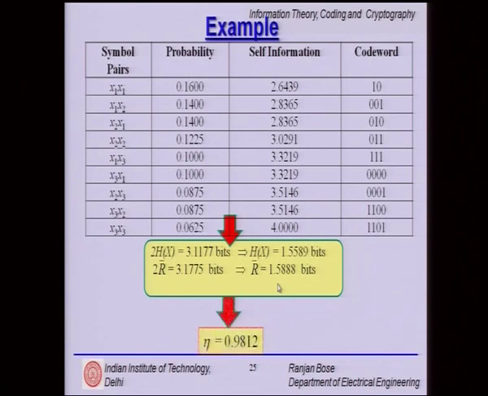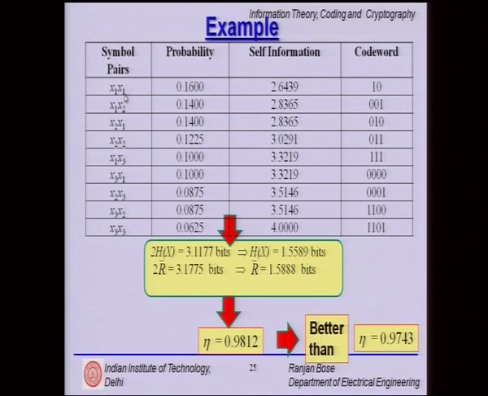How does it compare with the previous one? This time our efficiency is 0.9812, but last time it was 0.9743. So, I have been able to squeeze a little bit more efficiency, it is better than my previous case. So, coding in blocks helps.